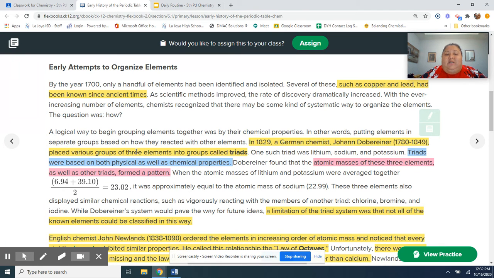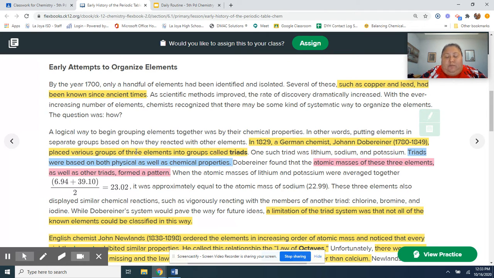It was based on physical and chemical properties, how they react with other elements. Dobereiner found that the atomic masses of lithium, potassium, and sodium, as well as other triads, formed patterns.